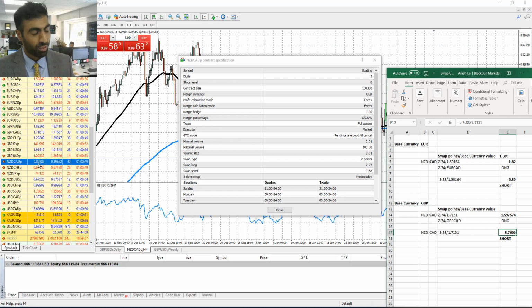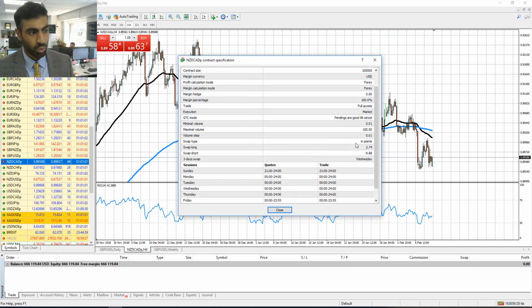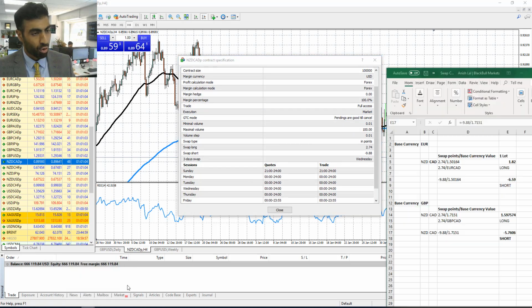First and foremost, find it by right-clicking your asset, hitting specification, and looking at your swaps, using the formula shown in the calculation, taking the base currency, using one lot as your premise for your calculation, and taking that as your figure. You can multiply it by your actual trade size to find what you're going to be charged, but that is essentially how to calculate your swaps using MT4 points.